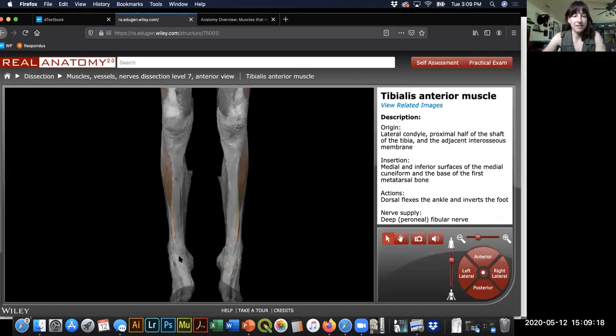Your tibia is really right at this seam here, because you can feel it through your skin, right? So you can feel the ridge of your tibia right there. So it's just lateral, really, to the edge of your tibia, but it is considered the tibialis anterior muscle because the tendon wraps around across the front of it, down into your foot, okay?